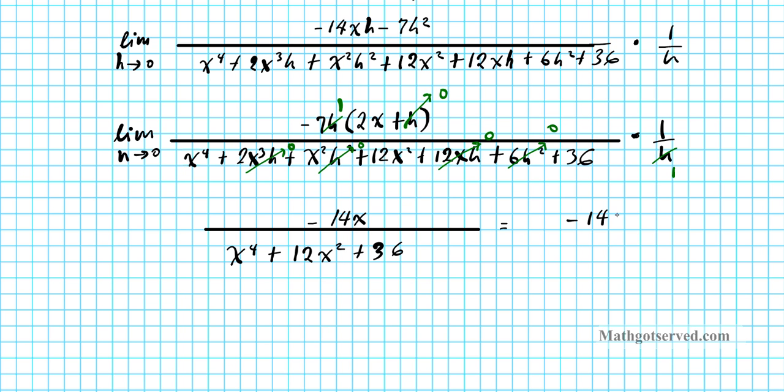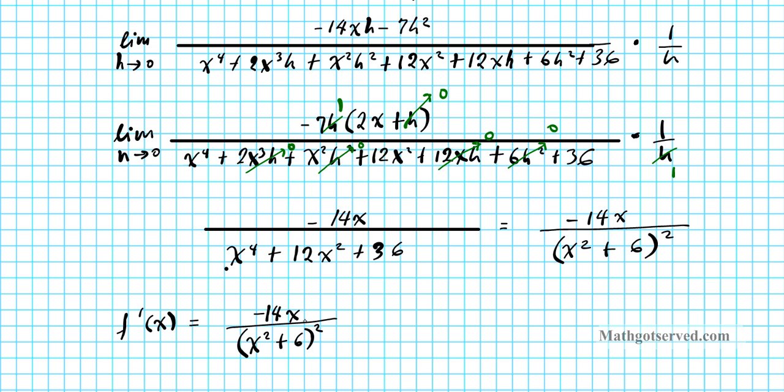So I can factor this easily. I just take the square root of the first and the last and bring down the middle sign. So if I factor this, it's going to be x squared plus the square root of the last one, 6, quantity squared. So that's basically what the derivative is. f prime of x is negative 14x over x squared plus 6 quantity squared.